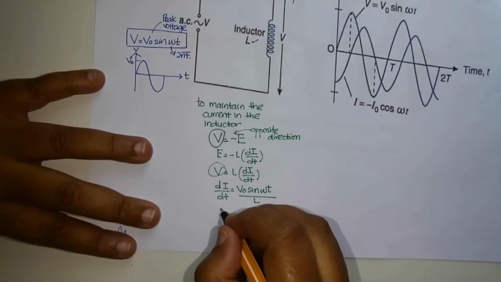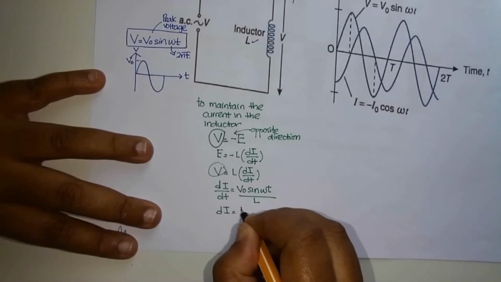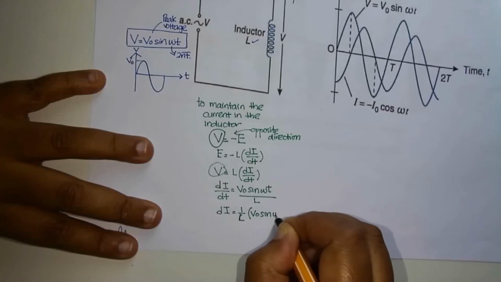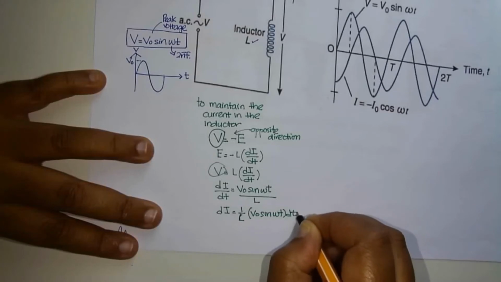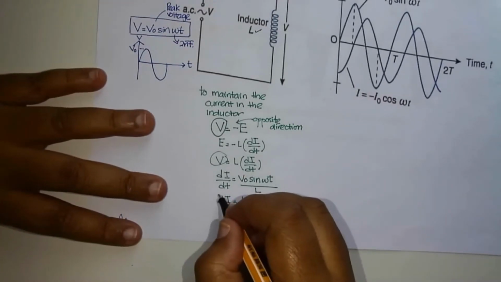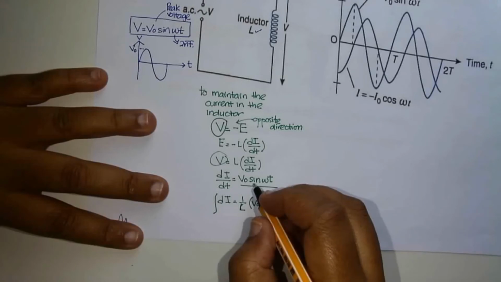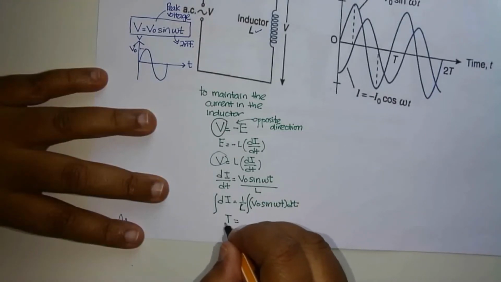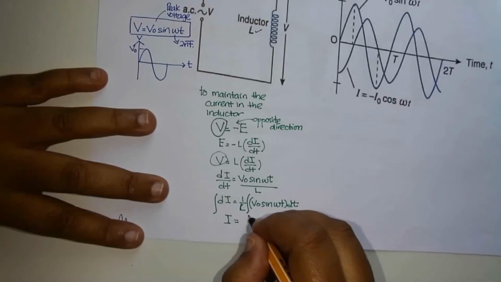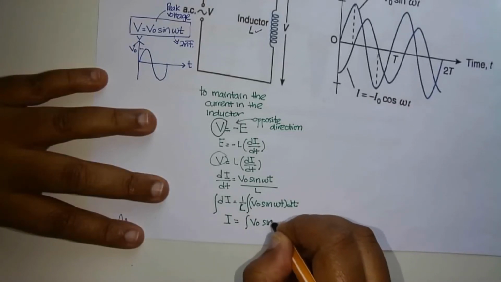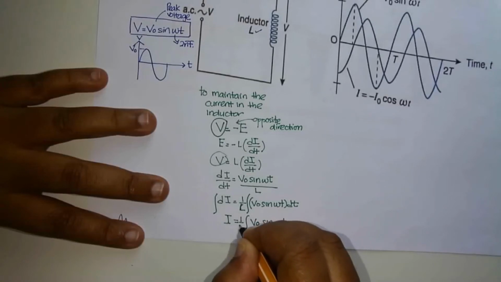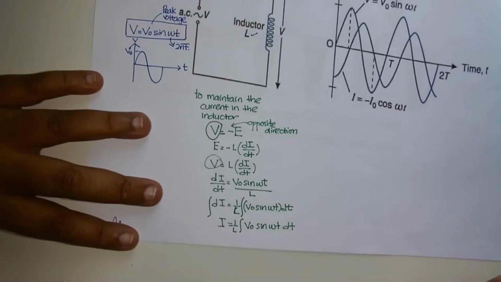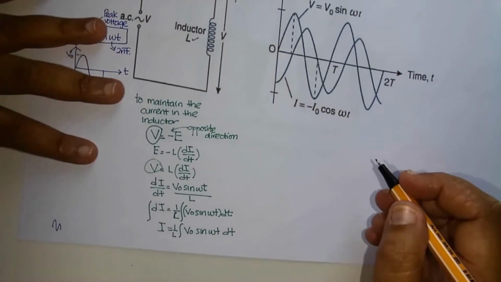Okay, then we take di equals 1 over L V0 sine omega t dt. Then we integrate, because this one is a constant, right? So we get I equals 1 over L integral of V0 sine omega t dt.